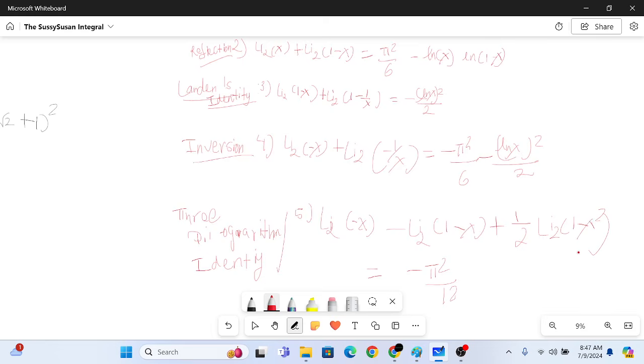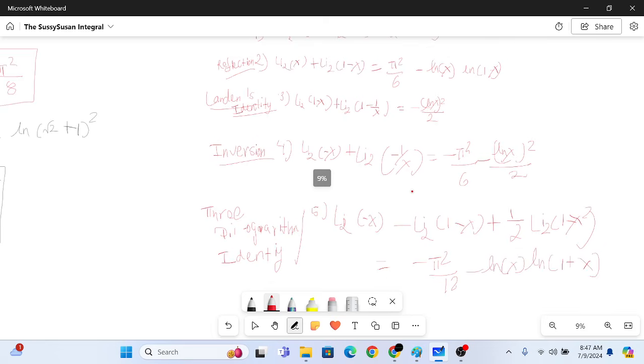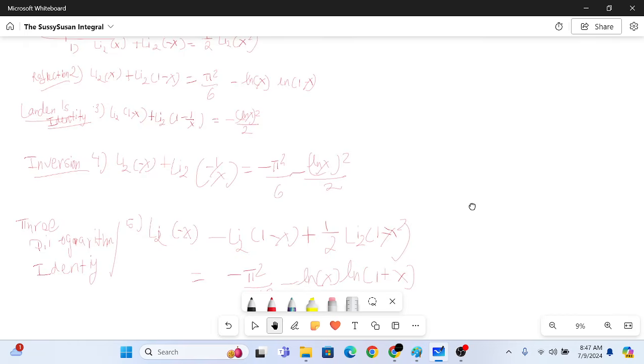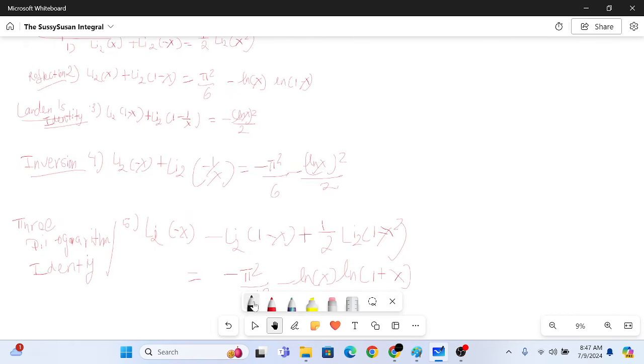Now we will be using these formulas to find the value of the required identity. Let me just give some ideas, and you can proceed yourself.